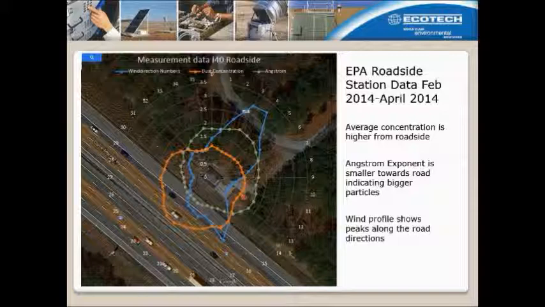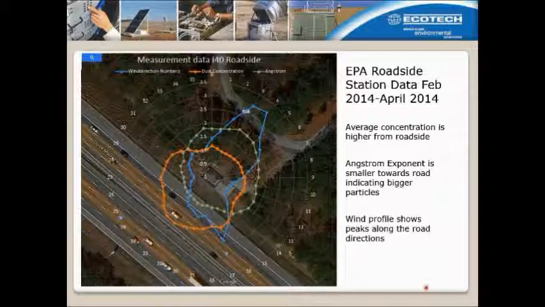And the prevailing wind direction you see in the blue curve over that time frame. That was about a 3-month time frame. What you can also see is that the angstrom exponent in green here is smaller from the road than from the other side. In other words, the particles coming from the road are bigger, and have the higher concentration, and are bigger than the particles coming from the other side.